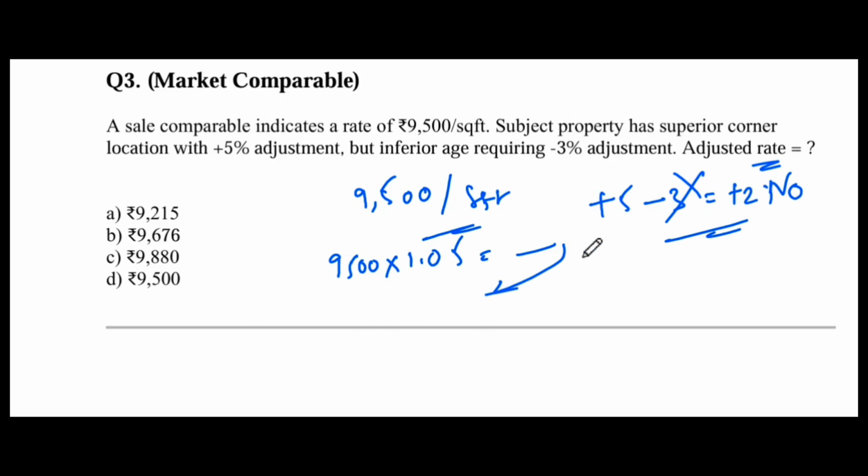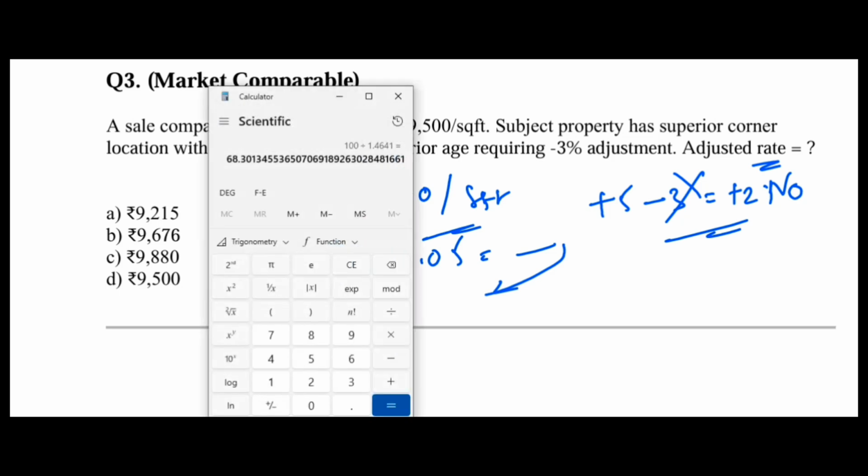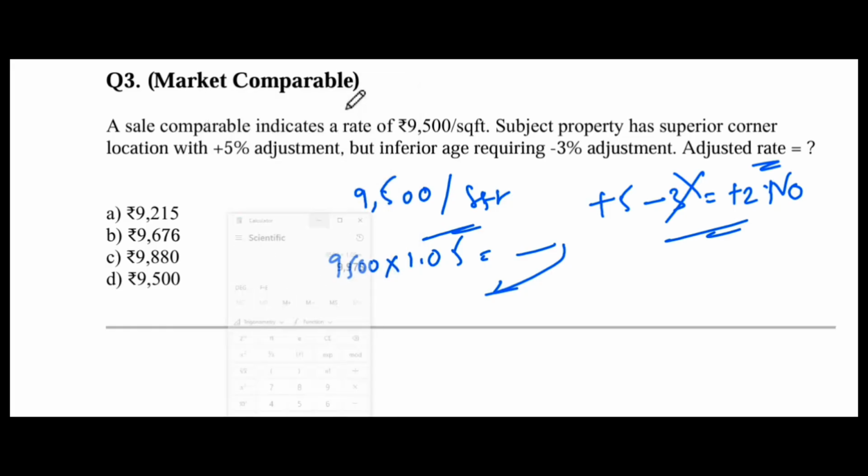So let us calculate 9,500 into 1.05. So 9,975 is the superior rate, because our subject property's location is good. So we got a higher value.